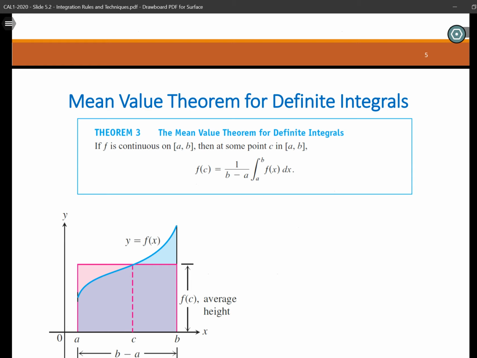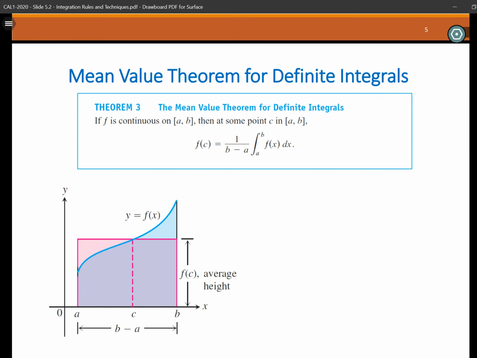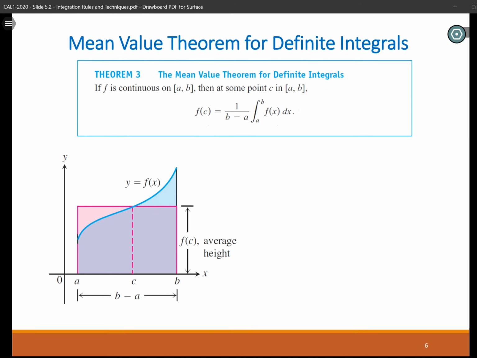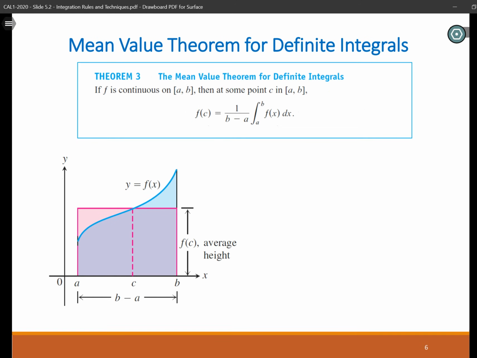Alright, let's move to the next topic. That is the mean value theorem for the definite integral. For this video, I might split it into two parts because I think it gets long. So after I talk about this mean value theorem, I might end the video here and continue with another part.